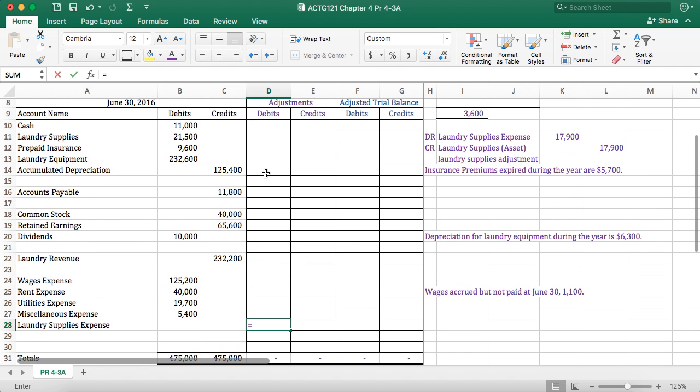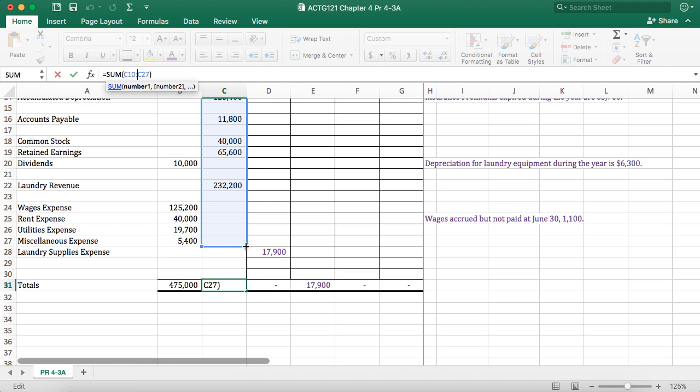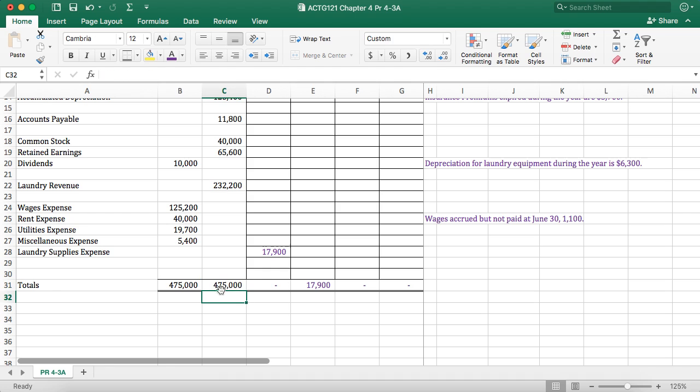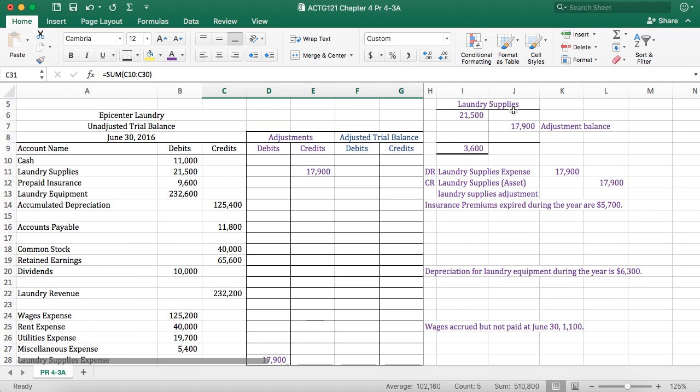And it was $17,900 as a debit. And this one is $17,900 as a credit. So there's my debit, there's my credit, and there's something wrong with my formula. Found it. Because it didn't include those dollar amounts. Okay, so here's the T account.